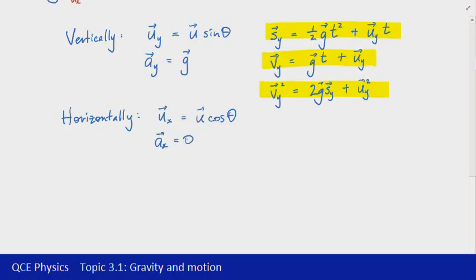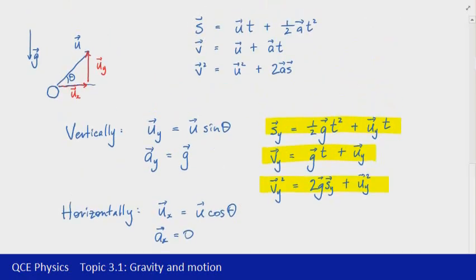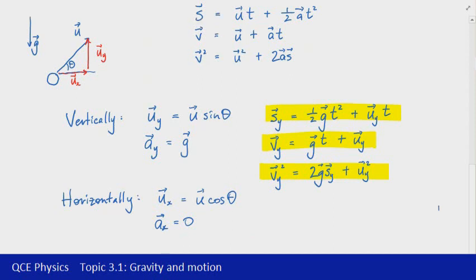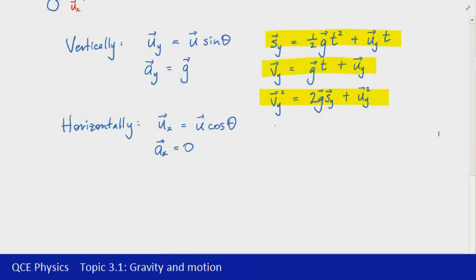That means things are a little bit easier if we look at these three equations, considering that in each of these we have terms that have a in them, and so we can simplify them to two equations, one of which is a little bit pointless, but we can say that Sx is going to be equal to uxt.